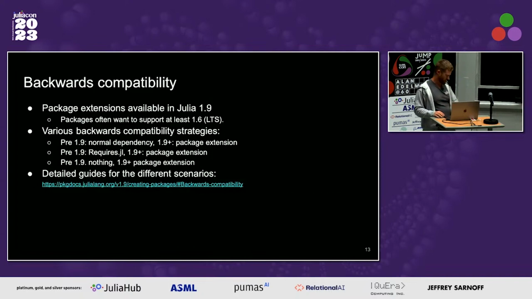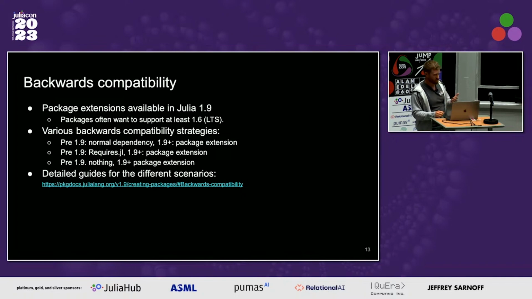Another discussion is about backwards compatibility. Package extensions became available in Julia 1.9, but of course a lot of packages want to support 1.6 up to 1.9, because 1.6 is the long-term support release. So there are various backwards compatibility strategies that you might want to use.